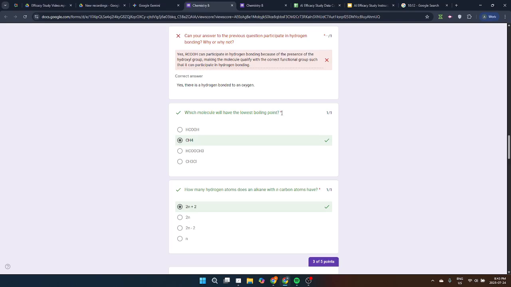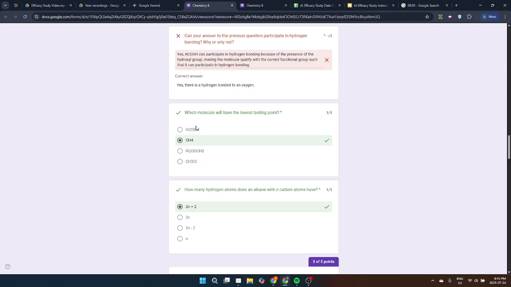Which molecule has the lowest boiling point? I spent a bit of time on this one. I immediately took out the methanoic acid and the other one, I don't know what that one is. Ethanoic acid? No, it's some kind of ester.